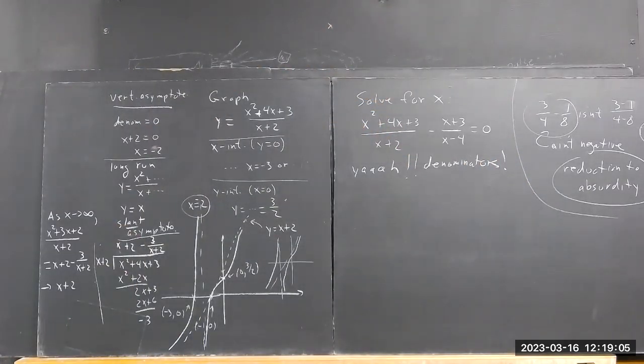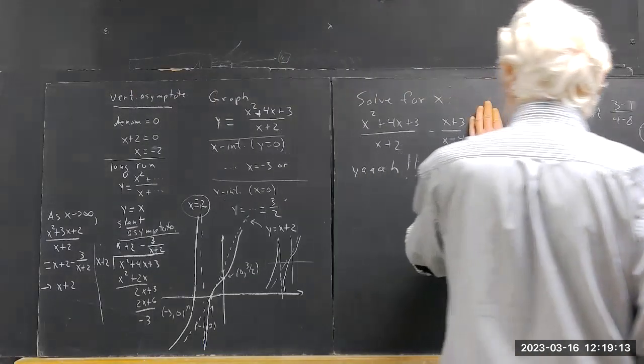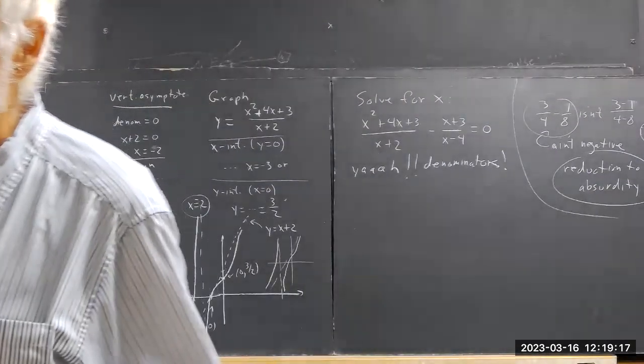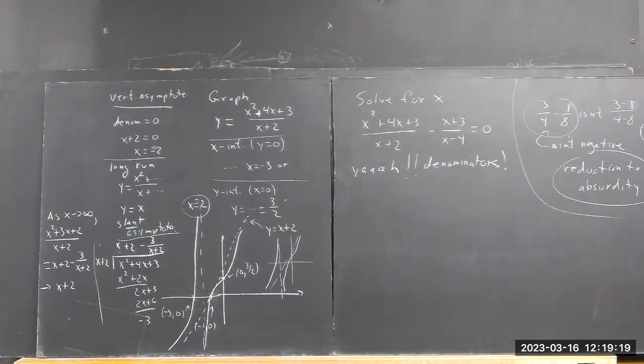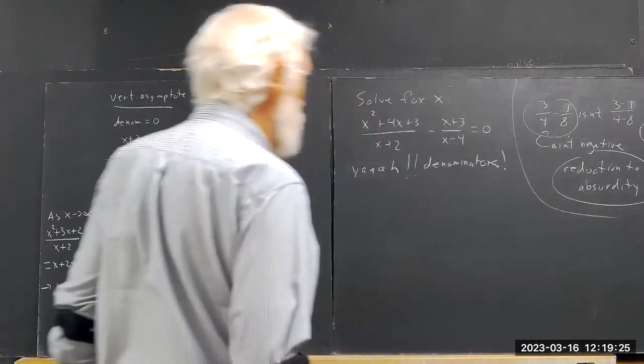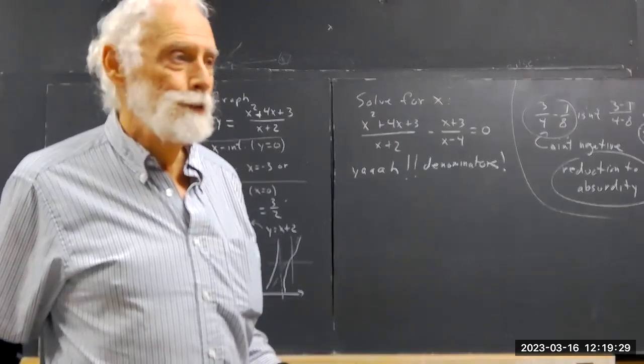They're a pain. If you're just trying to simplify this left-hand side, then you're going to have to get a common denominator. But we're not trying to simplify the left-hand side. We're trying to solve the equation, and we can multiply both sides by a common denominator, which is the thing that I've been urging you to do since the first day.